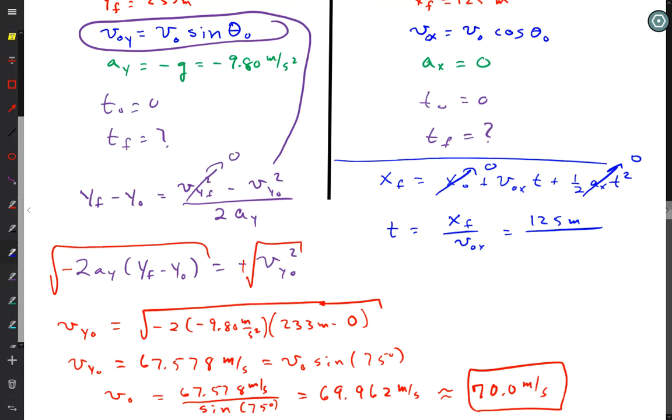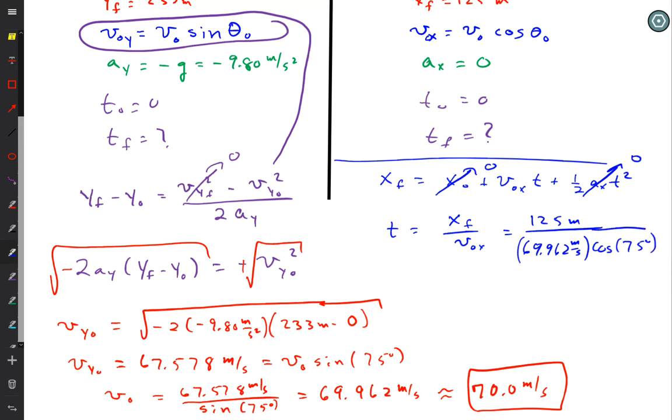And now I'm going to use these full digits. And notice I had to use the cosine because I'm talking about the x component for the speed. 6.90 seconds.